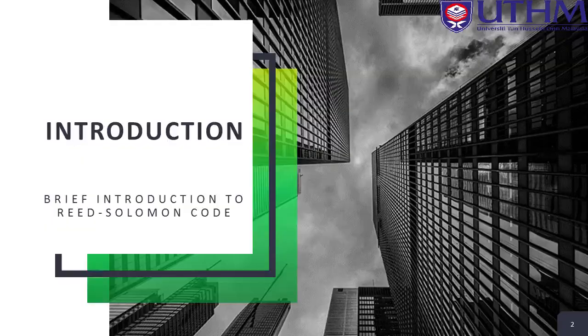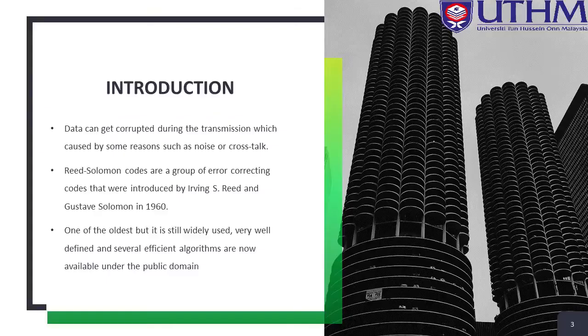So let me start with a brief introduction about the Reed-Solomon code. In data communication, especially in digital communication, data can get corrupted during transmission, caused by reasons such as noise or crosstalk.